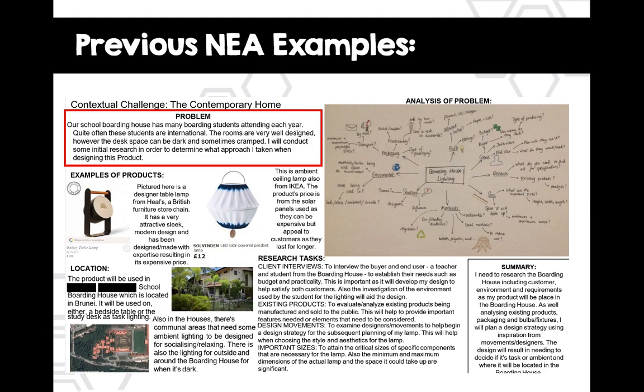I will conduct some initial research in order to determine what approach I take when designing this product. So in basic terms, the issue is that there's not enough light on this desk space, and they are going to then go on to build some form of lamp or device which will shine light, which can then be placed onto the desk.